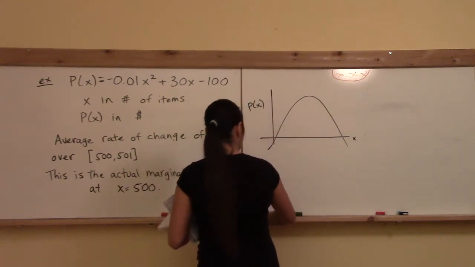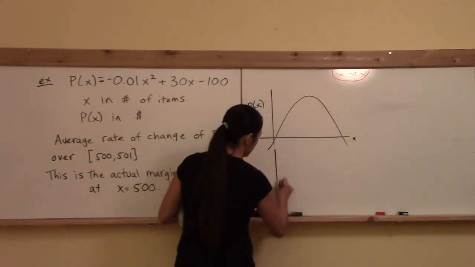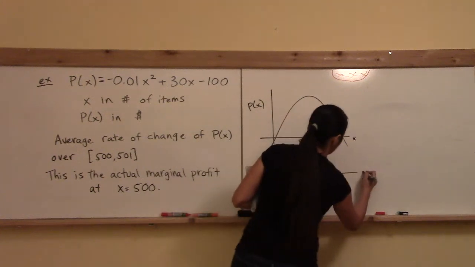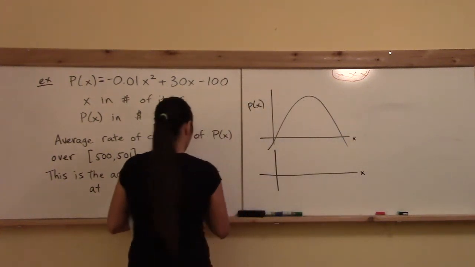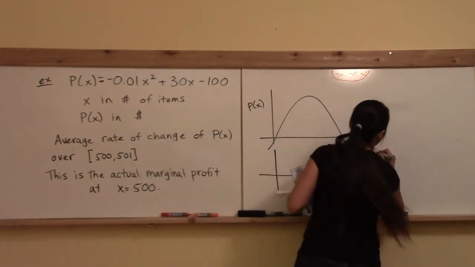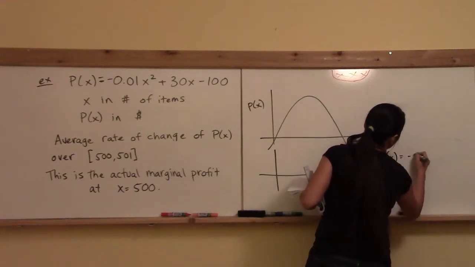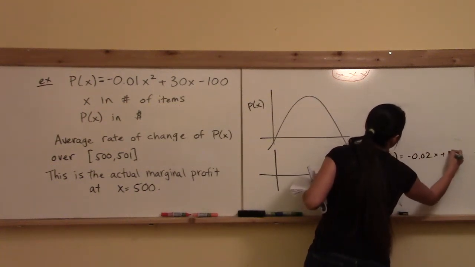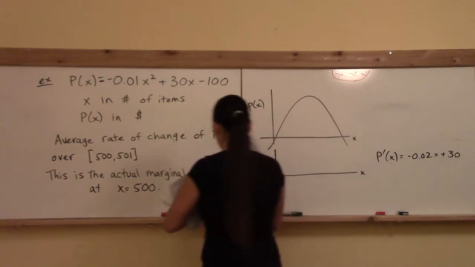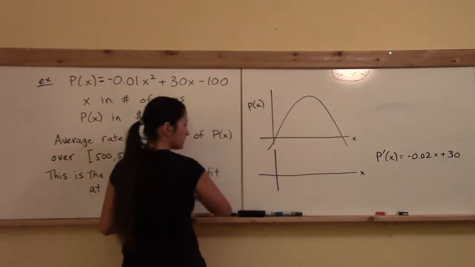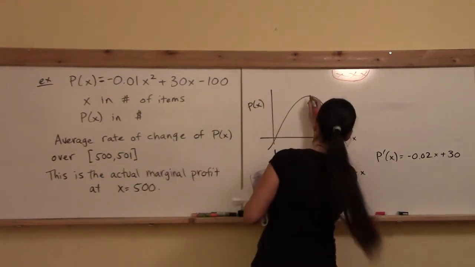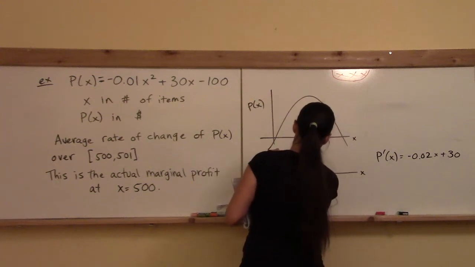Okay, so that's the original profit function, and underneath here I want to make a graph of the derivative P prime, where P prime of x is equal to negative 0.02x plus 30. Okay, what does that look like? It seems like it's going to look something like this.